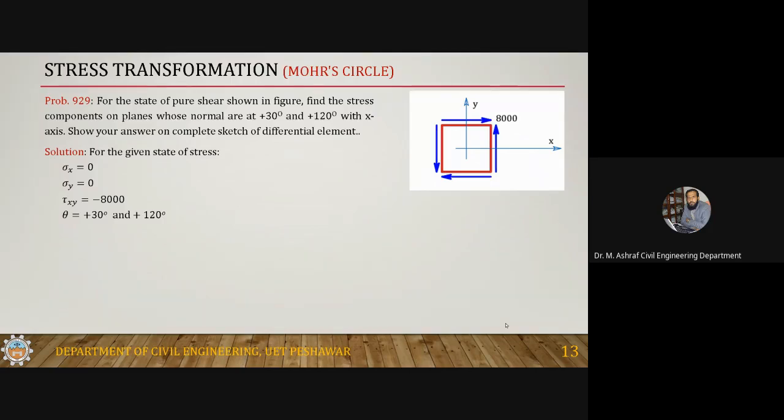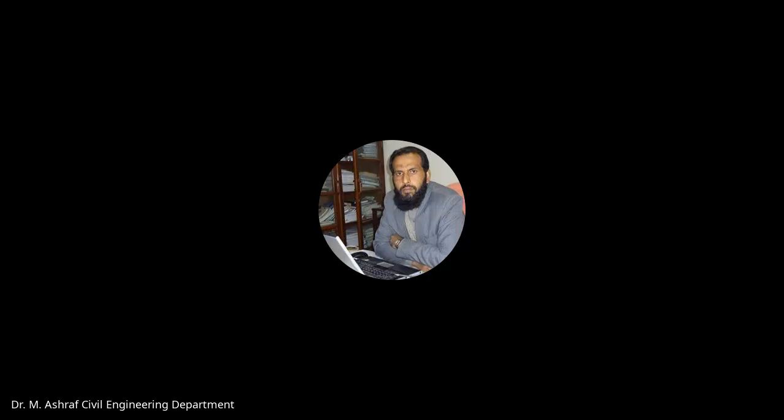Okay, so this is a pure shear. The state of stress is a pure shear case. There is no normal component acting on this one. It is required to find the stress on planes whose normals are at 30 degrees and 120 degrees with the x-axis.